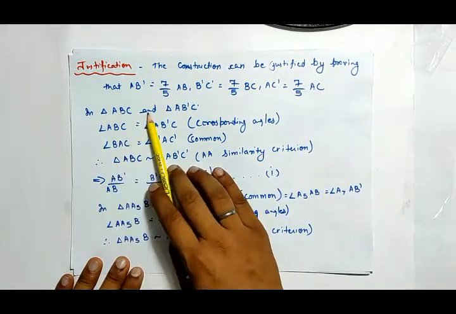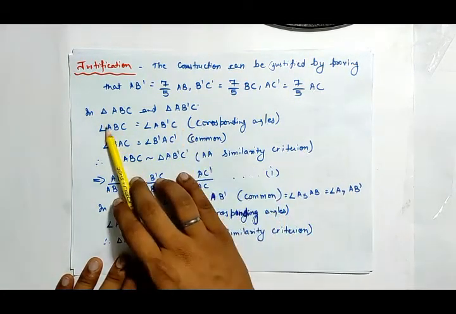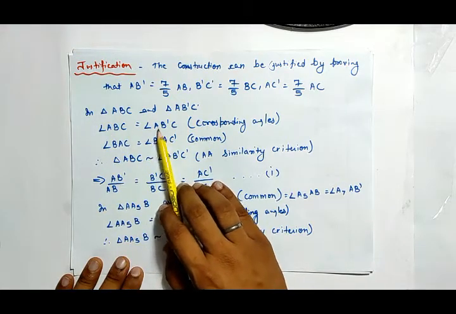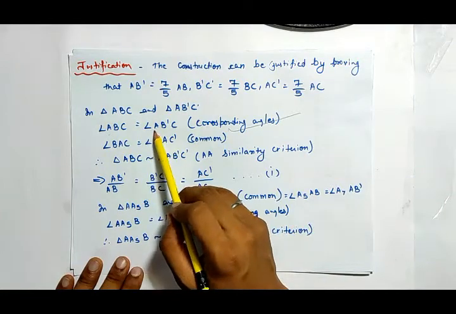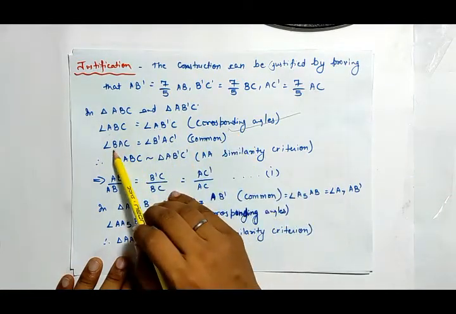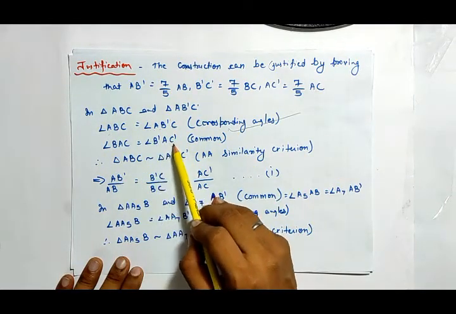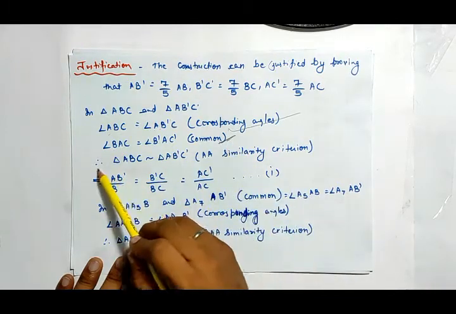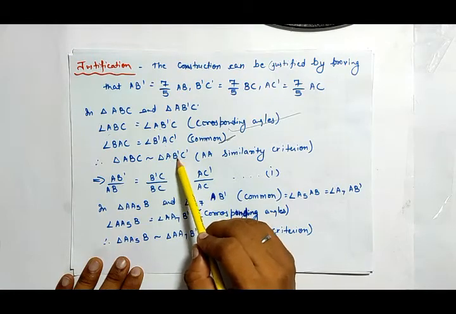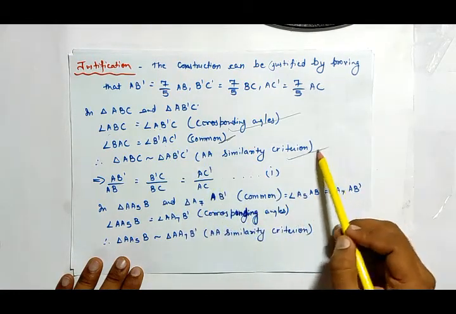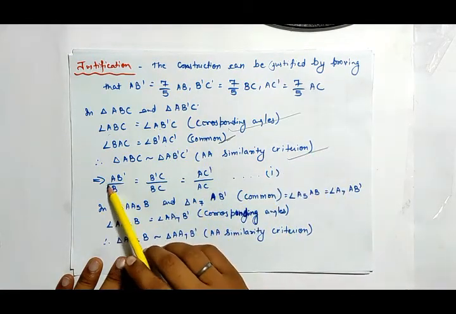In triangle ABC and triangle AB dash C dash, angle ABC is equal to angle AB dash C dash, that is corresponding angle. Angle BAC is equal to angle B dash AC dash, that is common angle. Therefore triangle ABC is similar to triangle AB dash C dash, that is AA similarity criterion.